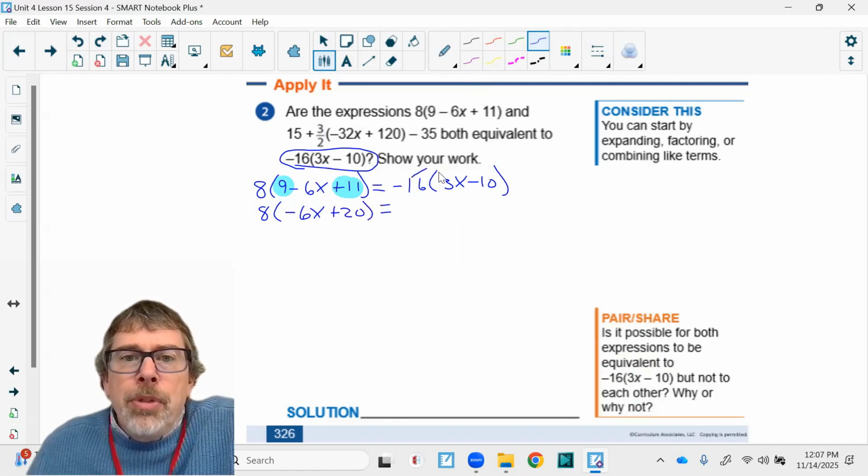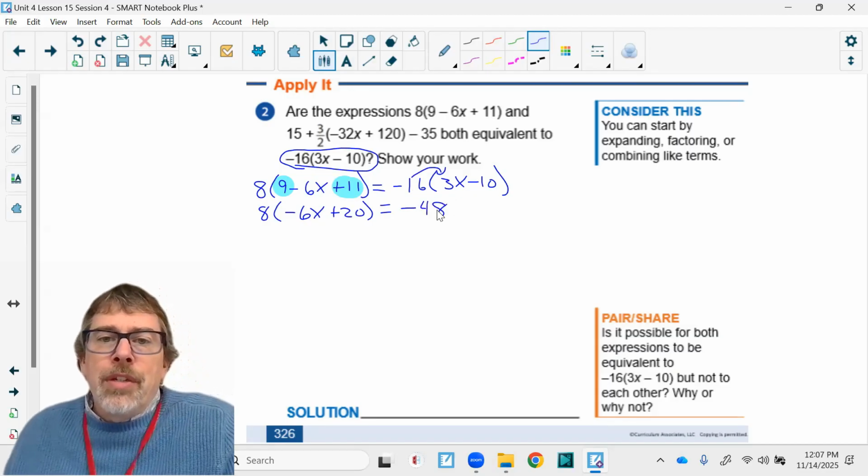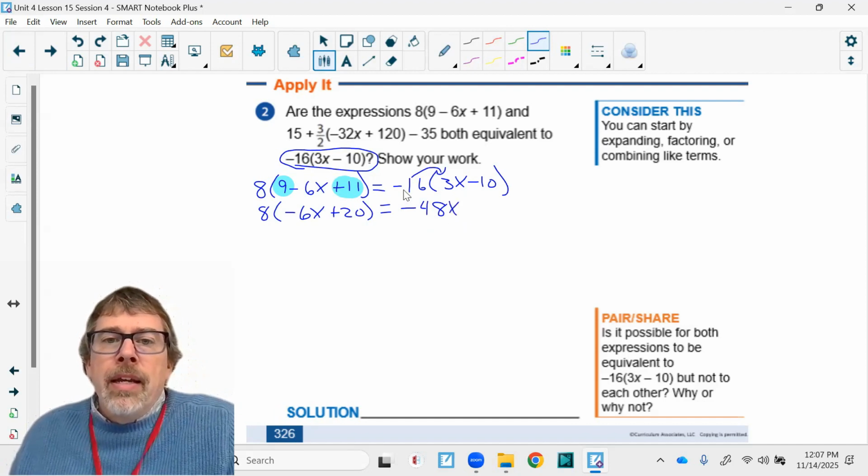And I'm going to distribute here. And a negative times a positive is negative. 3 times 6 is 18, carry the 1. 3 times 1 is 3, plus 1 is 4. So 16 times 3 is 48x. And a negative times a negative is positive. And 16 times 10 is 160.